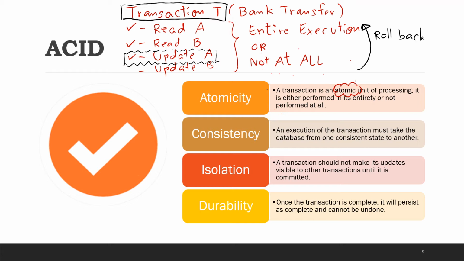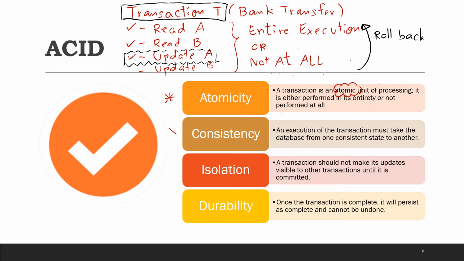Then transaction T can be re-executed later on. But we do not allow partial execution of the transaction T in the database. So this is to ensure atomicity. And this is the meaning of atomicity in database.